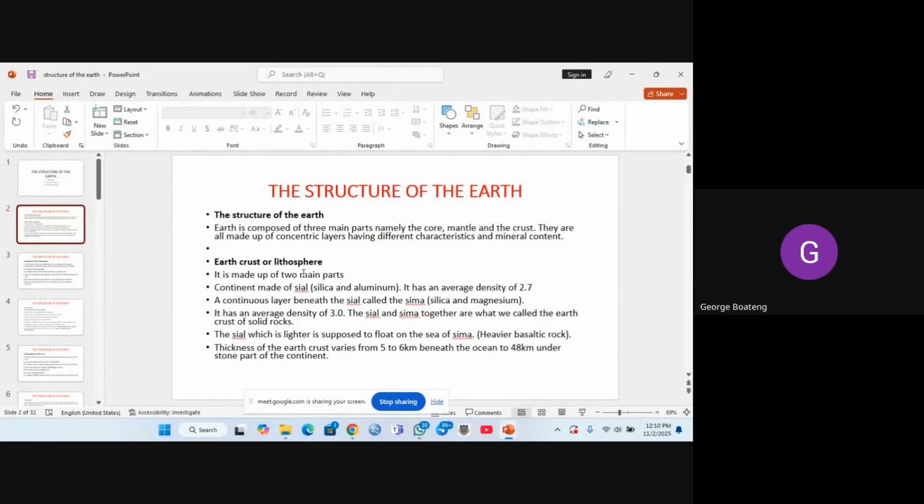So looking at what we have, what does the crust mean? The crust is made up of two main layers or parts.